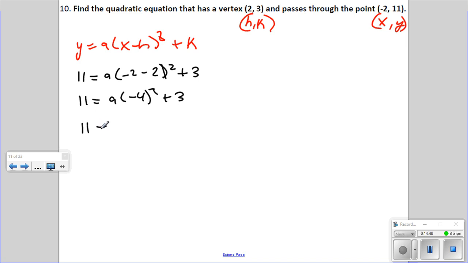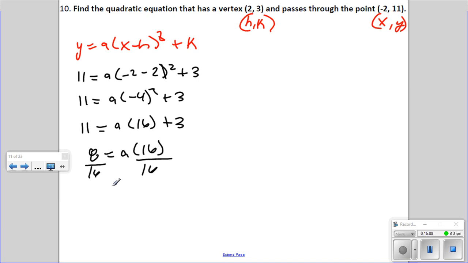Again, we're squaring a negative, and it's always a positive. So 11 is equal to a times 16. Now we get rid of the 3 by subtracting from both sides. So you would get 8 is equal to a times 16. Then you divide both sides by 16. I'll show this step just because I want you to see that we're, again, dividing by a bigger number than the top.